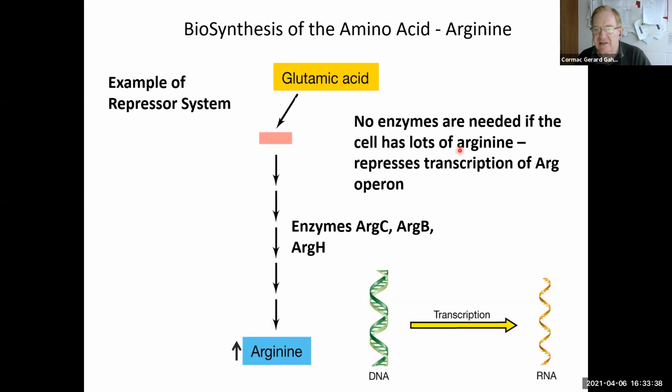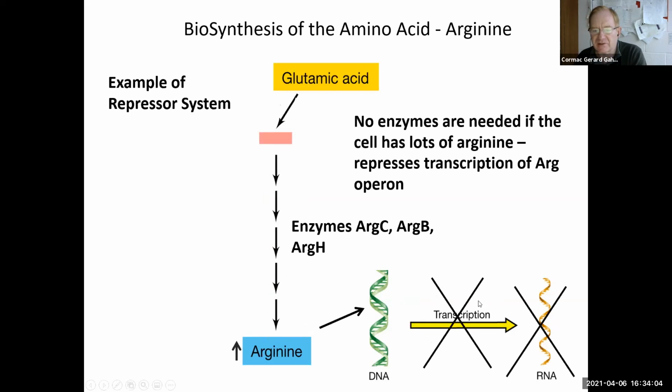When the cell has lots of arginine, it no longer needs to make all these. In other words, when arginine builds up, the cell doesn't need to make all of these enzymes. And actually what you'll find is that it downregulates transcription of the genes. It stops transcription of the genes that are involved in making these enzymes.